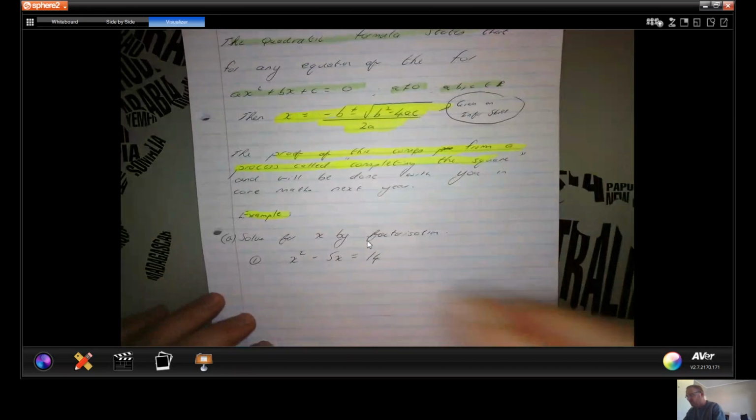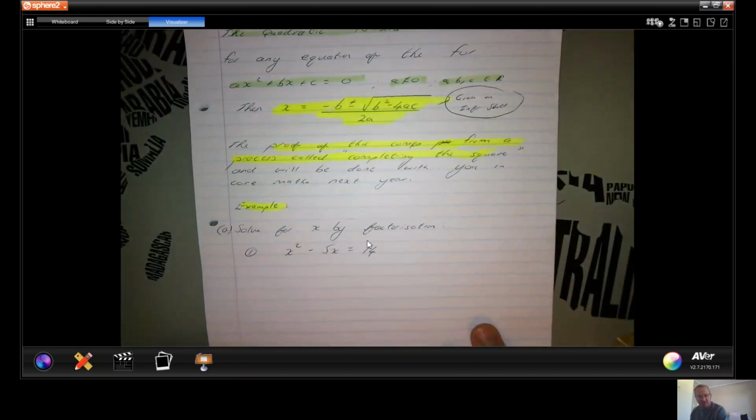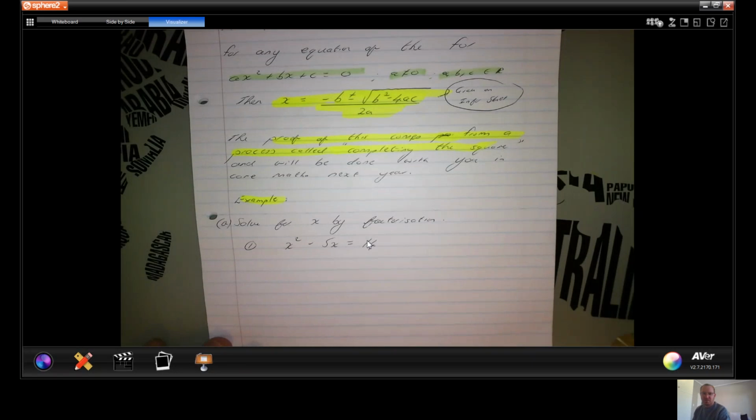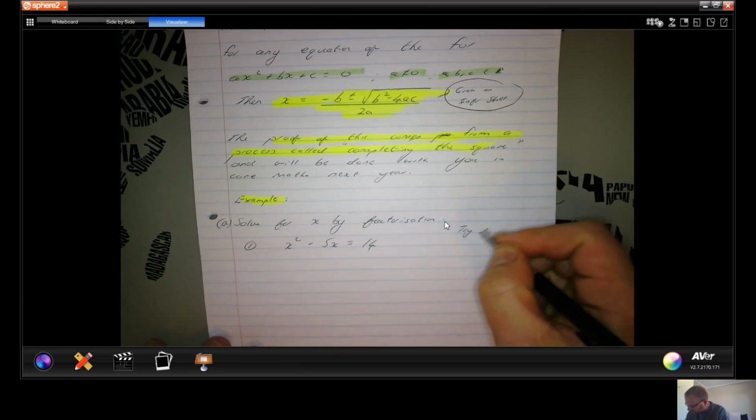For the first question, we're asked to solve for x by factorization, and normally we're not going to specify a method. You're going to have to choose whatever's quickest and easiest. In this case, I would always try factorization first.